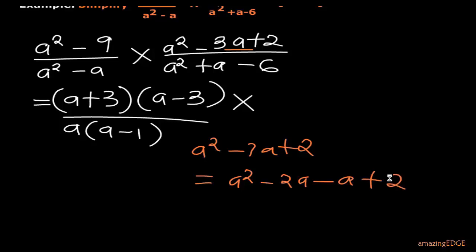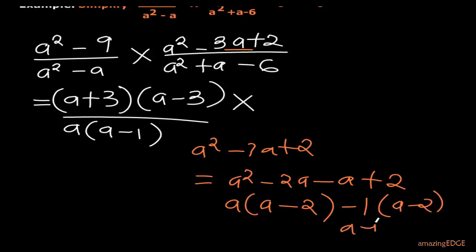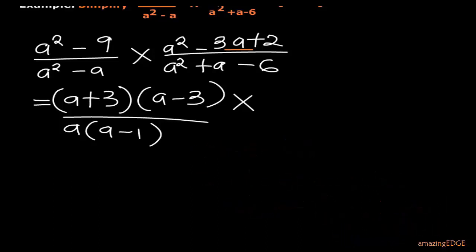So here you have a, that is common, so you have a minus 2. Then the next one, you see that the minus 1 will be common, so here you have minus 1 times (a minus 2). So you have this to be (a minus 2) times (a minus 1). So that's what it is going to be.